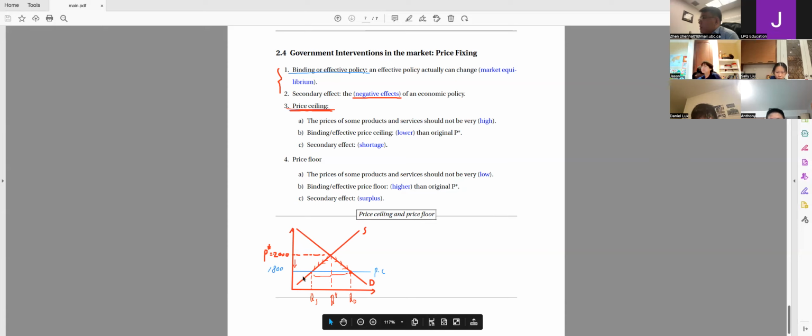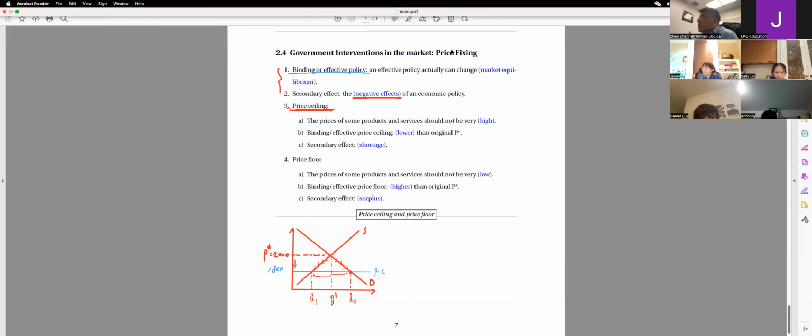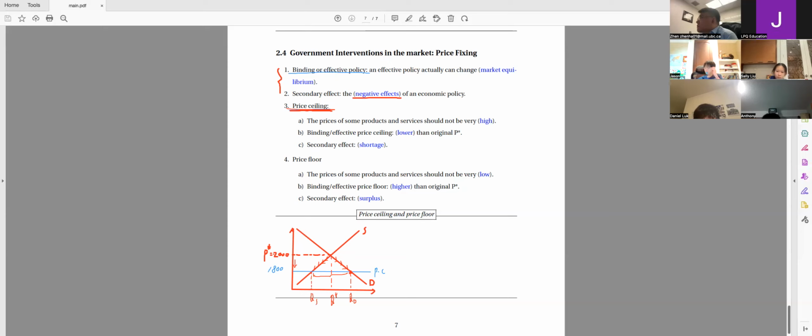If quantity demanded is greater than quantity supplied, if you know the answer, you can put it into the chat box. What is the gap here called again?